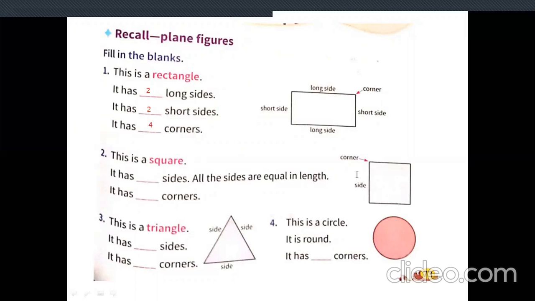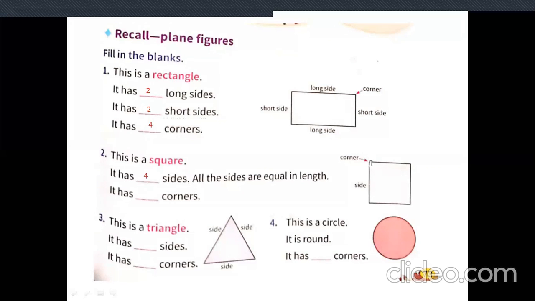This is a square. It has dash sides. How many sides are there? Count. 1, 2, 3, 4. It has 4 sides. All the 4 sides are equal. If all the 4 sides are equal, it is called a square. It has dash corners.